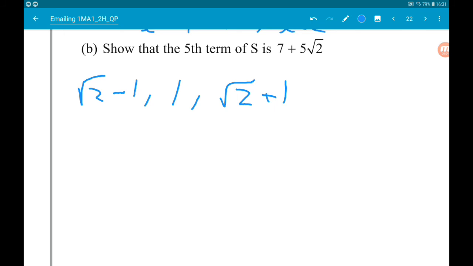Okay, so then we know the fourth term. And at this point you can absolutely just do this on your calculator, but for those of you that don't like using them like me, I'm going to do it with that. So the fourth term is root 2 add 1 times root 2 add 1.